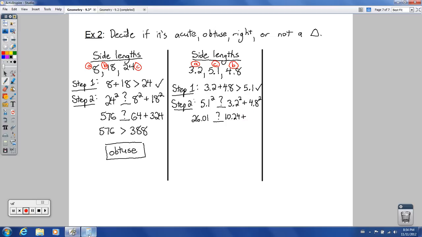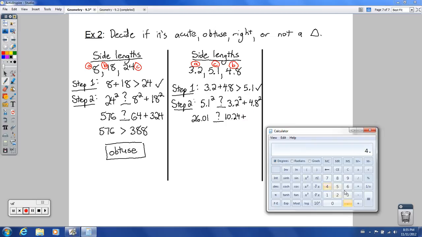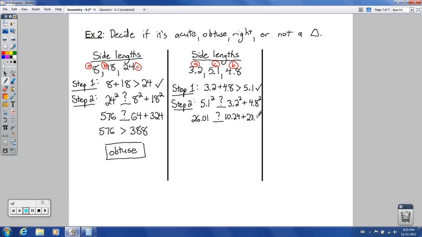And then 4.8 squared. You could take 48 squared and you get 2,304. If you take 4.8 squared, you get 23.04, sorry. So if we add these things together, what do we have here? We've got 26.01 compared to these two added together.